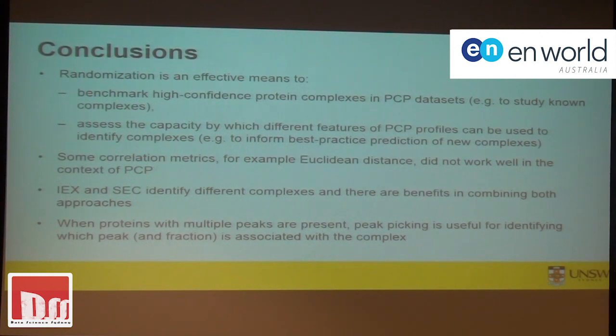Some correlation metrics, for example, Euclidean distance, did not work well in the context of PCP, so we have to be careful what features we use. IEX and SEC identify different complexes, so there's benefit in combining both approaches. And when there are proteins with very complicated peak structure, peak picking can help us identify which peaks are more important and likely to be associated with the complex.